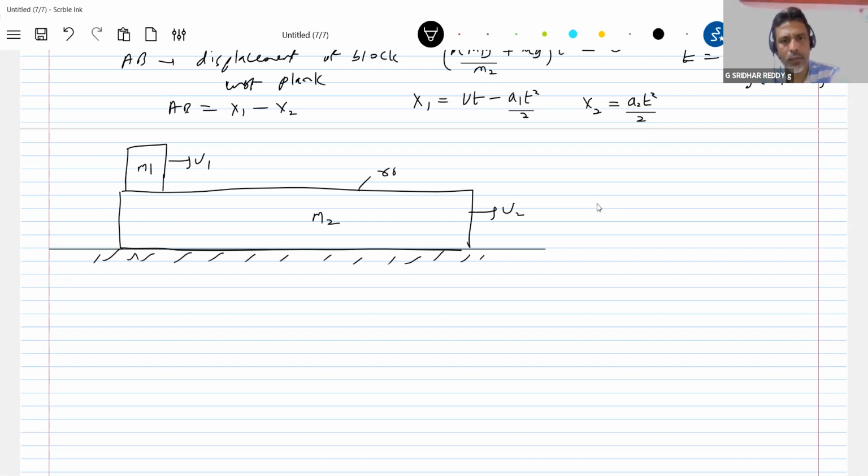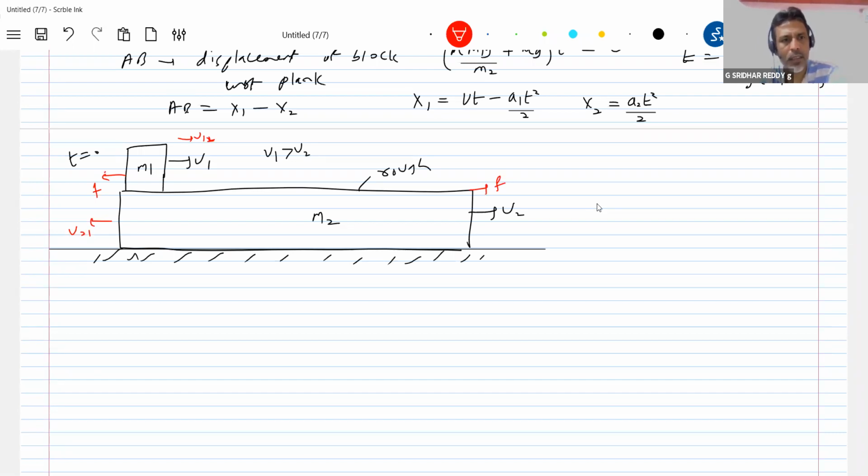This is rough. At t equals 0, this is the situation. If u1 is greater than u2, we'll determine the direction of friction. I'll put a condition later. U1 greater than u2. Then u12 will be in this direction, so the friction will be like this. U21 will be in this direction, so the friction will be in this direction.